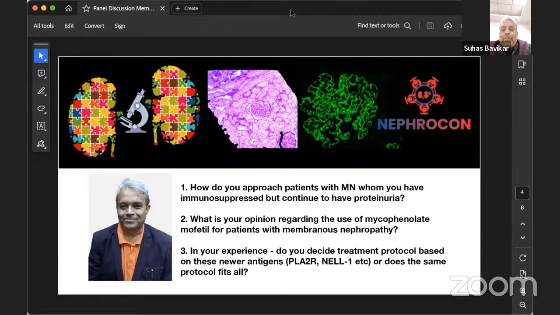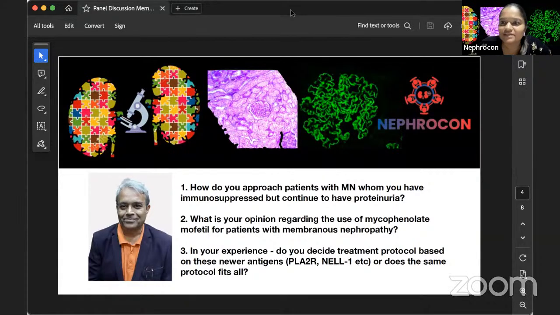Basically, will fixing the antigen help, or because we cannot control these antigens, phospholipase A2 receptors, we cannot control or deplete them, and there are so many antigens being detected. So the mainstay of therapy is reducing antibody titers. So what's the point in checking for so many antigens, depending on the staining and laser microdissection and then mass spectroscopy, unless we can reduce those antigen levels in the immune complex scenario? That was my question to Dr. Alok Sharma.